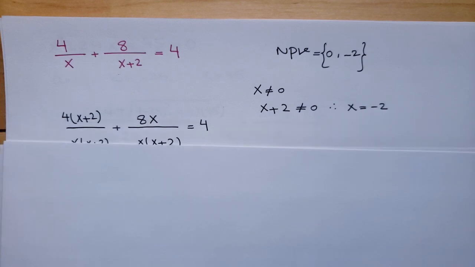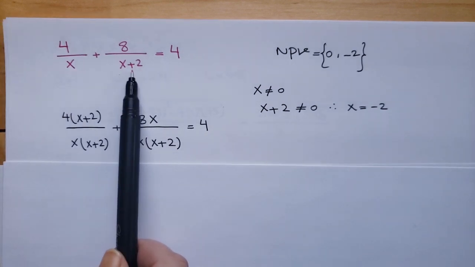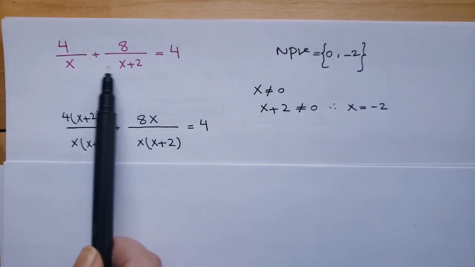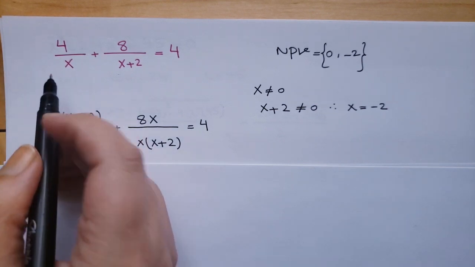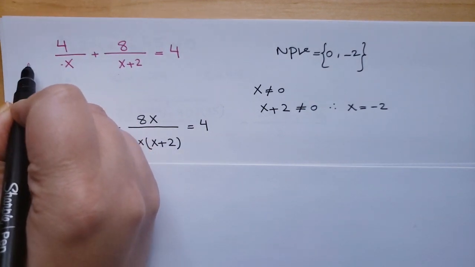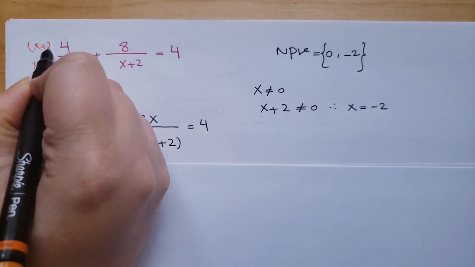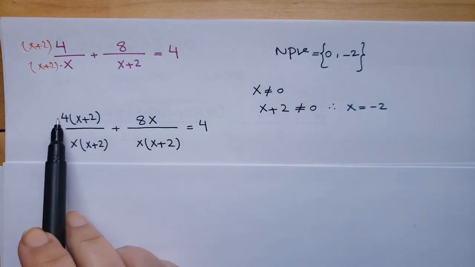Okay, so let's start by solving. What I'll do here, I'll do common denominator. Common denominator would be the multiplication of these two. So if you can see here, I have to multiply this one by x plus 2. The same thing, I do it here. So it turns into this.